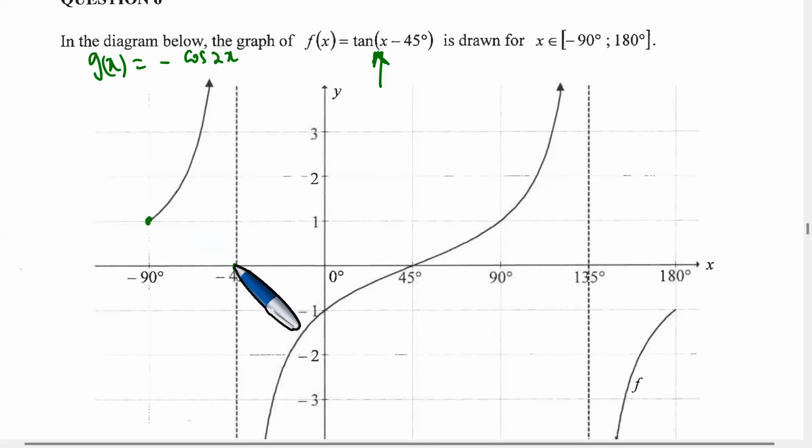The cosine of 90 is 0. At 0 degrees, cosine 0 is 1, and with the minus it becomes minus 1. At minus 45, 2 times 45 is 90, and the cosine of 90 is 0. At 90 degrees, 2 times 90 is 180. Cosine 180 is minus 1, but there's a minus, making it a 1.